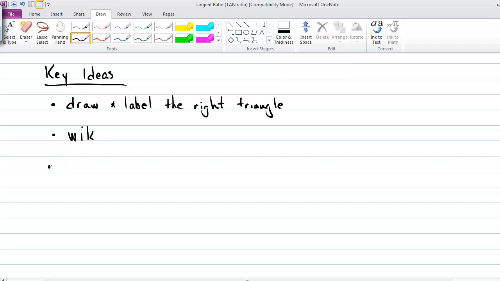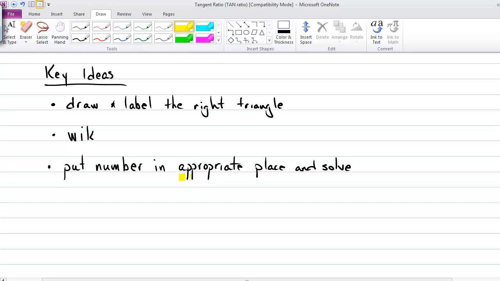And then, given that you've decided on a particular ratio, what you are going to do is put the numbers into the appropriate place and solve an equation. Now, the solving should be the easy part, but it's the appropriate place.